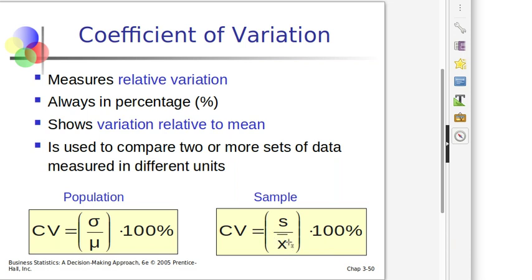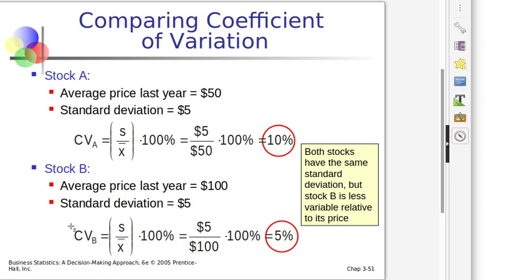This is the mean for the sample. This is the mean for the population, the symbol. Now, comparing coefficients of variation, say we have stock A and stock B. Stocks are actually like your investment in a company.